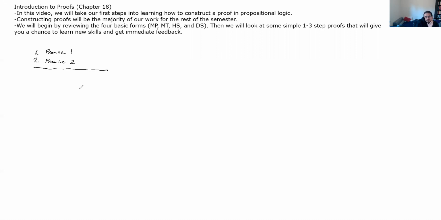And the longest ones, we won't deal with in this class. Probably the longest we'll deal with are 8 or 9. But there's no real limit to how large a proof can be. And it might be helpful to think that computer code is essentially a version of a proof, and that can be millions of lines long.